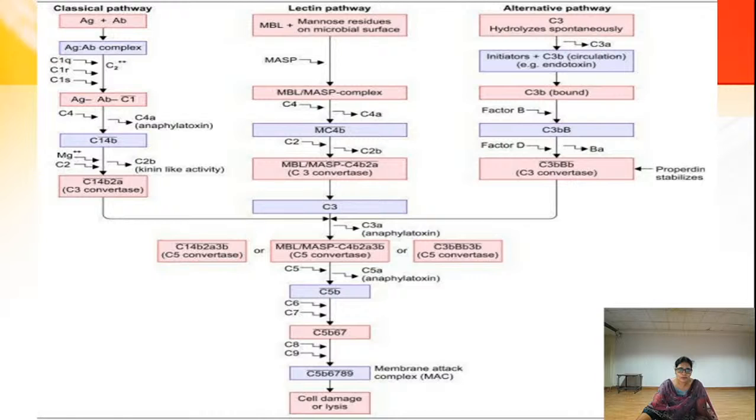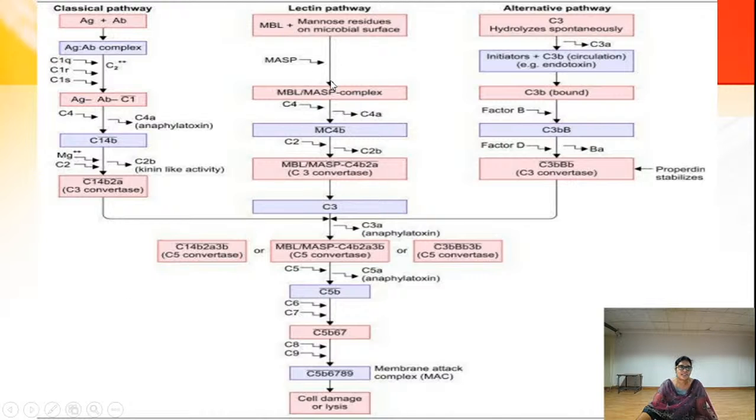So it binds to MBL associated serine protease. Serine protease is required. So this MBL, which can attach to the microbial surface, is attached with the proteinase, that is serine protease, MBL associated serine protease, to form a complex.